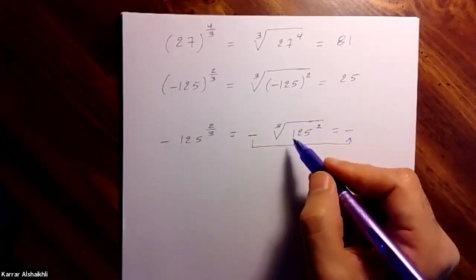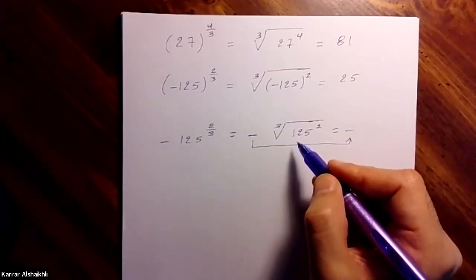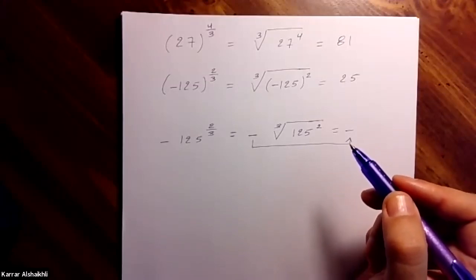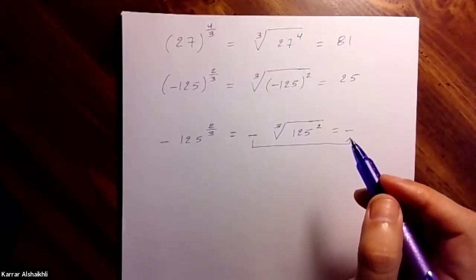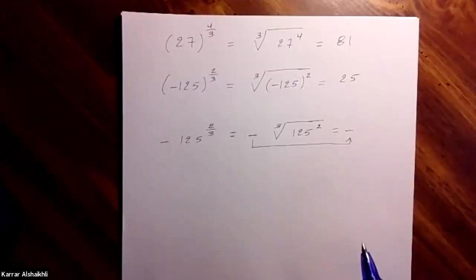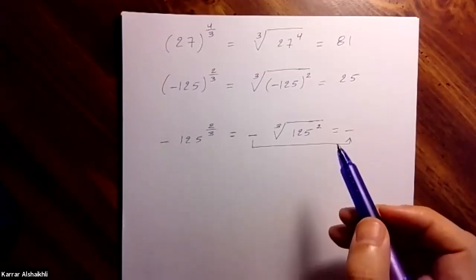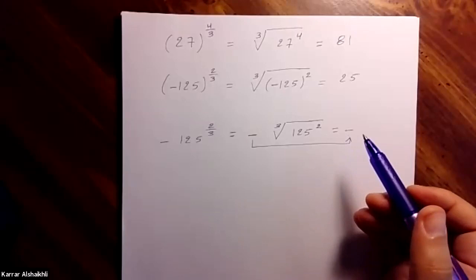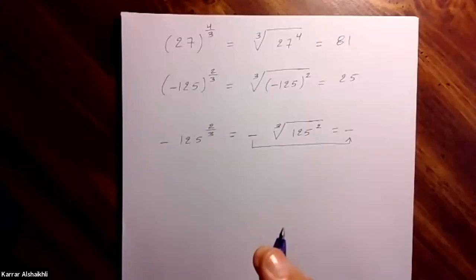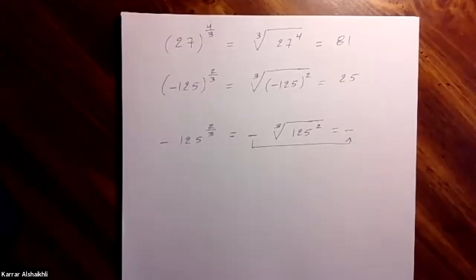What's the cubic root of 125 squared? It's going to be 25.